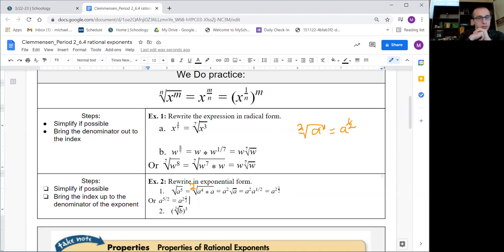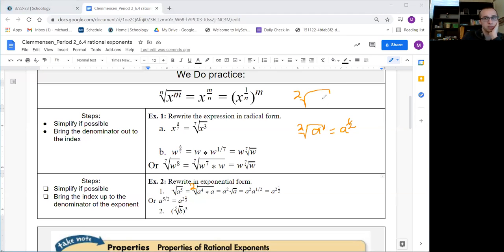Are there any questions on number 1, either the first way we did it or the second way? Again, the 1/2 comes from this right up here. The square root of a has some invisible numbers around it. Remember, when we have the square root of something, we have that invisible 2 that we don't actually write out, but is always there.